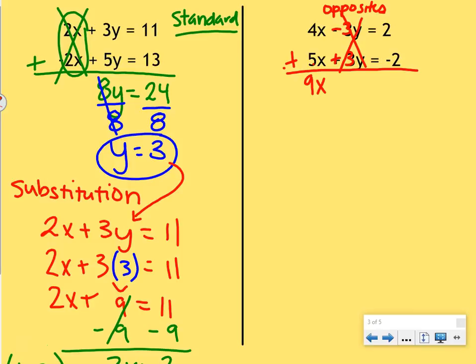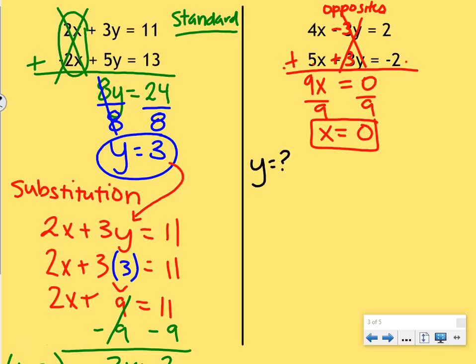So they cancel each other out. Equals 2 plus -2 is 0. Divide both sides by 9 to get x by itself. 0 divided by 9 is 0. So x equals 0. Now we need to know what is y.